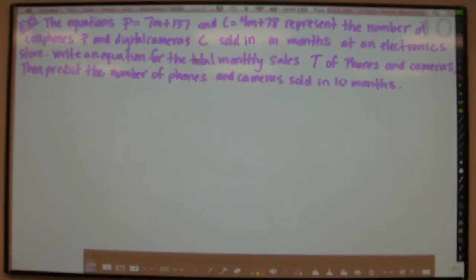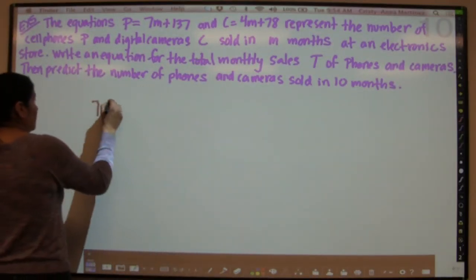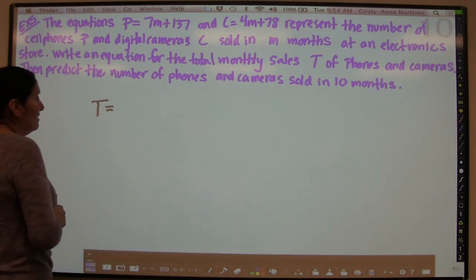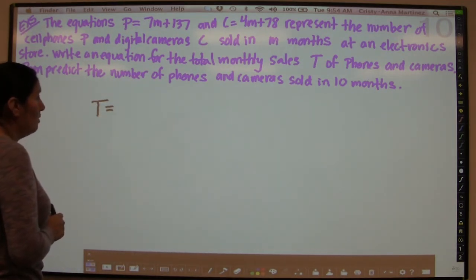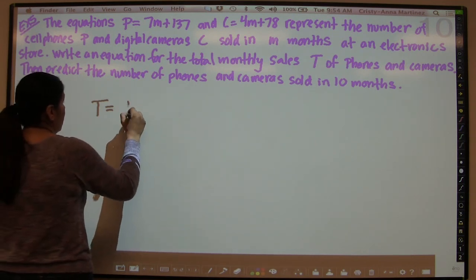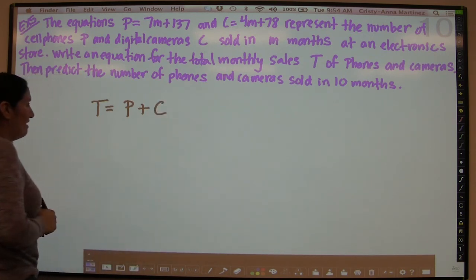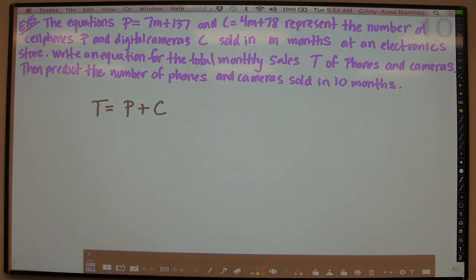Write an equation for the total monthly sales t of phones and cameras. So basically what they're telling us here is that t is going to represent the total monthly sales. So total monthly sales meaning total between phones and cameras. And since phones is p and cameras is c, we basically have that t equals p plus c.